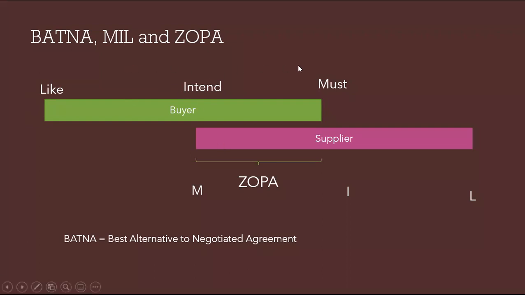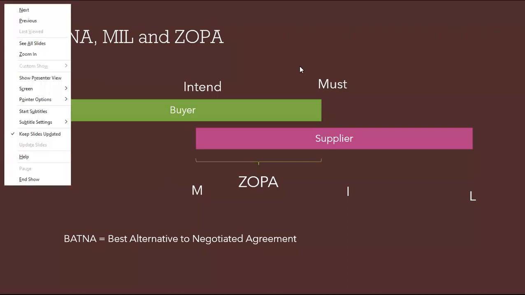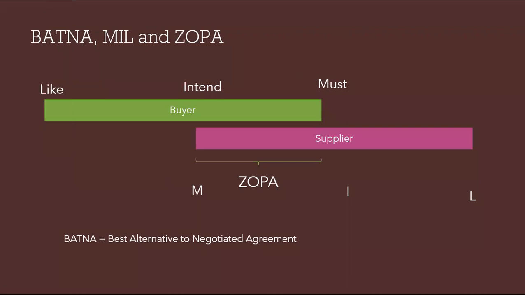MIL is a good acronym to remind you how to set targets. Okay, that's all about BATNA, MIL, and ZOPA.